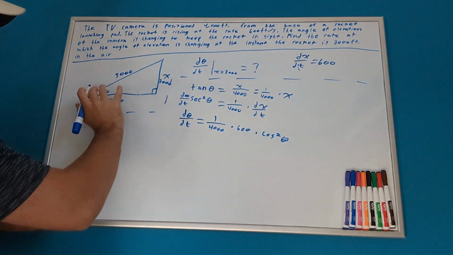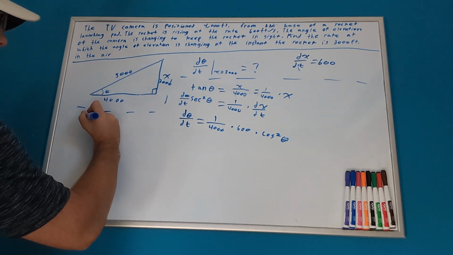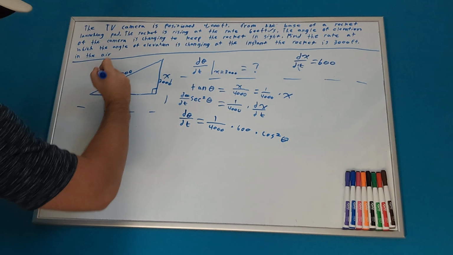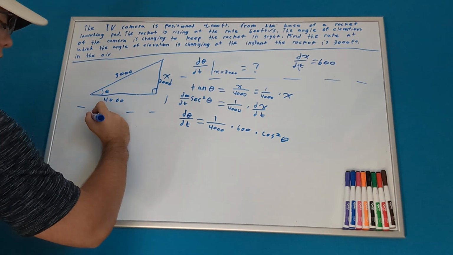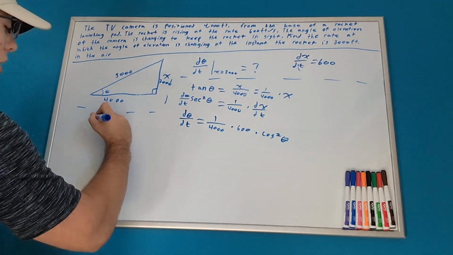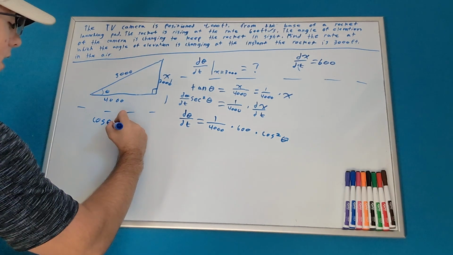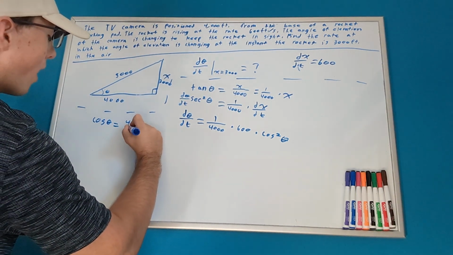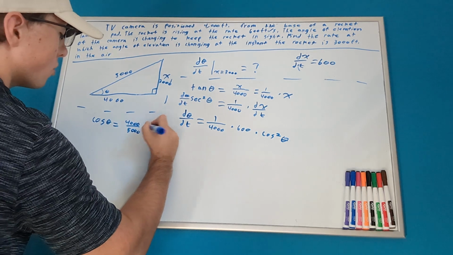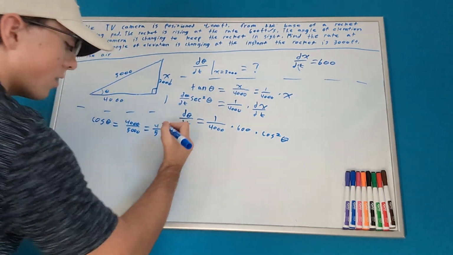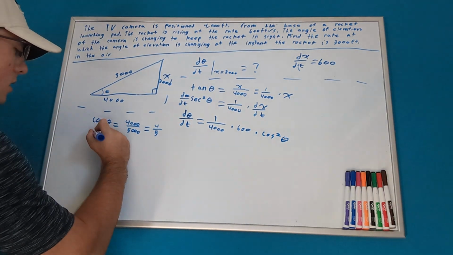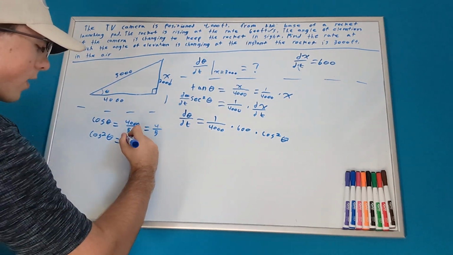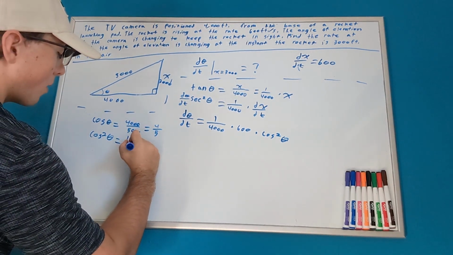And we're looking for cosine squared theta, and cosine theta is adjacent over hypotenuse, so cosine theta equals 4,000 over 5,000, which also equals 4 over 5. So then cosine squared theta equals 4 over 5 squared, which is 16 over 25.